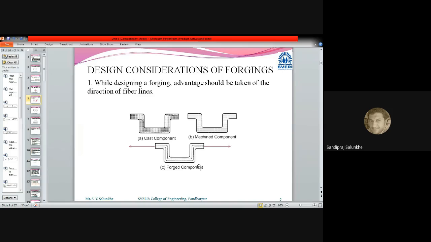So one can consider that while designing, or while we select this manufacturing process at the time of designing only. So parts which undergo tensile load, fluctuating tensile load, or we can say bending also.